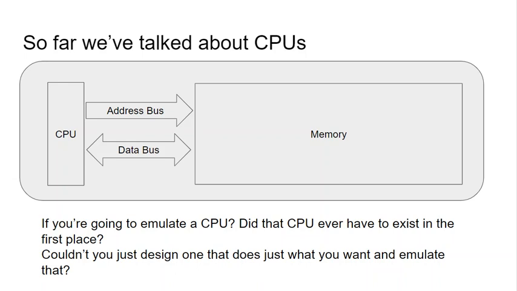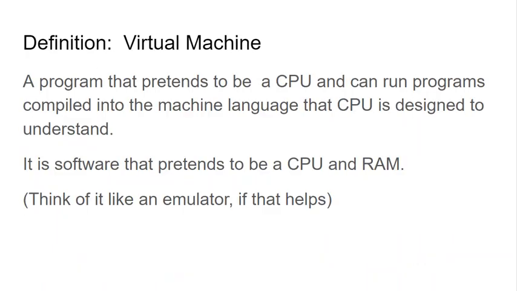I know this is getting kind of weird, but this concept is called a virtual machine. And this is a very, very important concept in computing. It is a piece of software that pretends to be a particular CPU, and it can execute any program that has been compiled down into the ones and zeros that it understands.